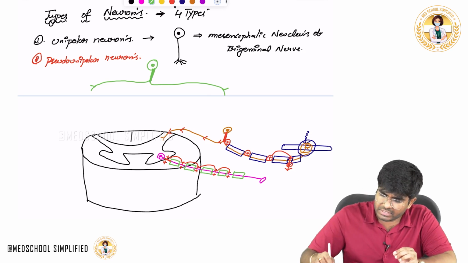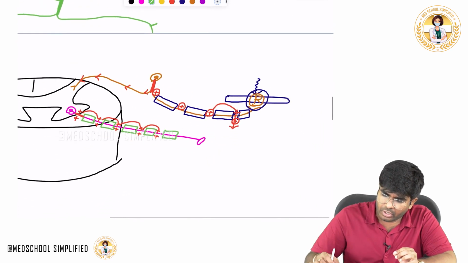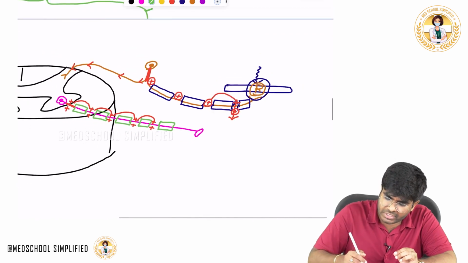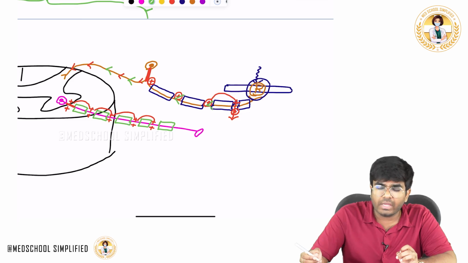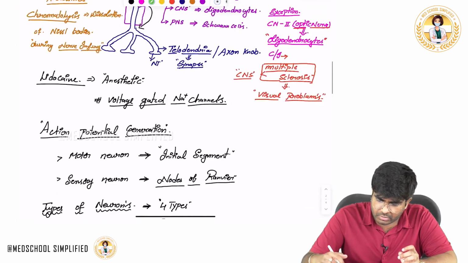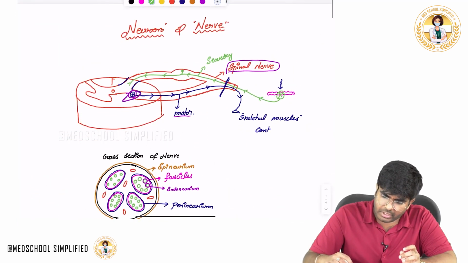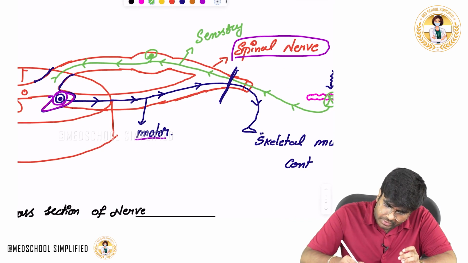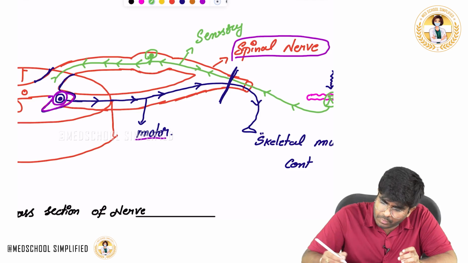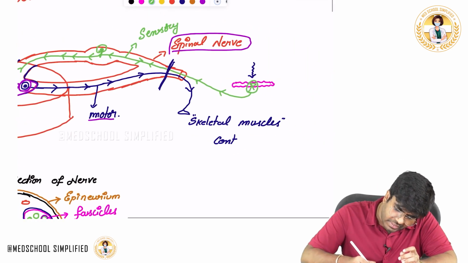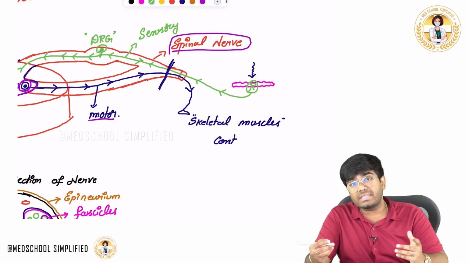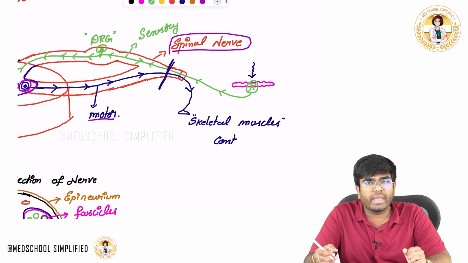Just look here, this is a sensory neuron which takes the information into the spinal cord. As I told you in the beginning, there is a cell body with one process, and one branch goes towards the central nervous system and the other towards the receptor. These neurons are present in the dorsal root ganglion.